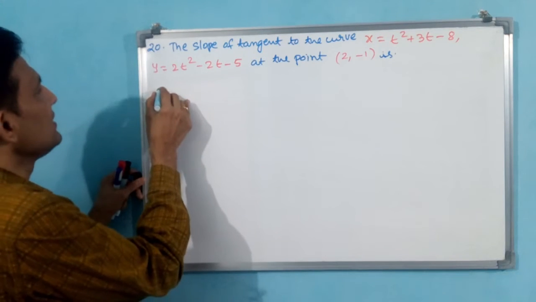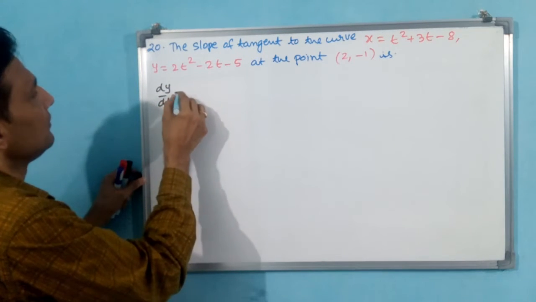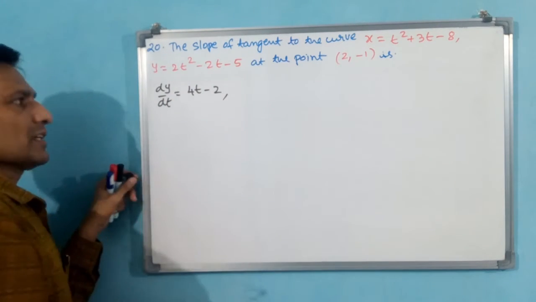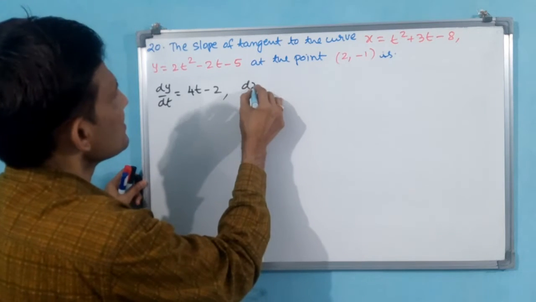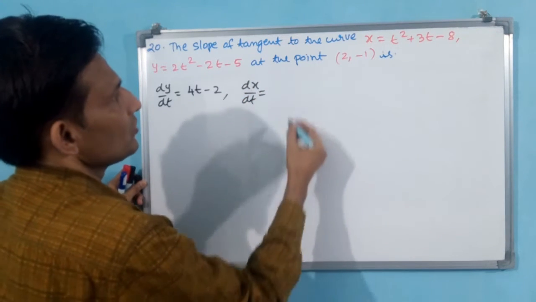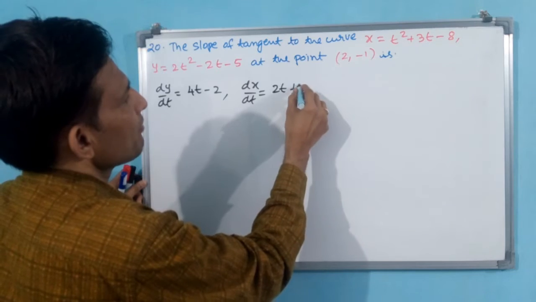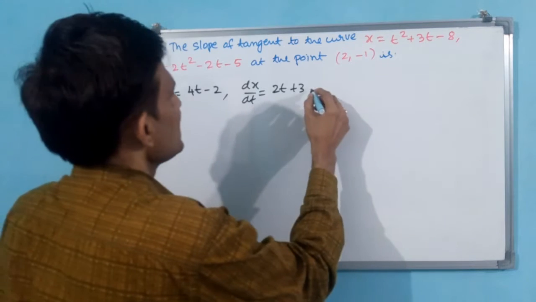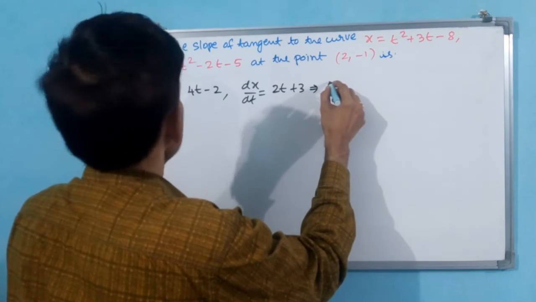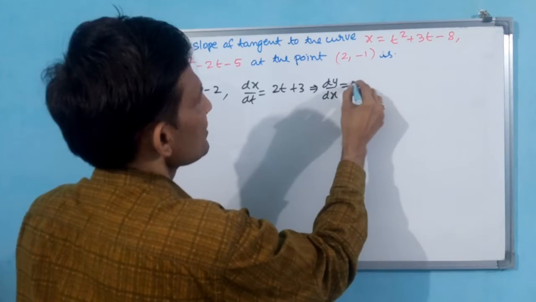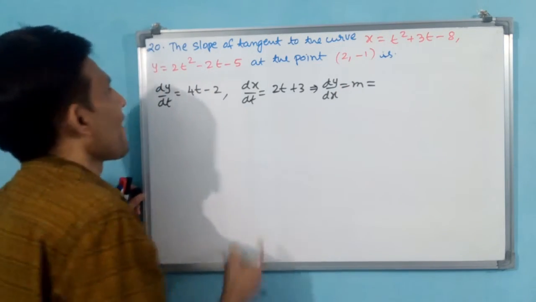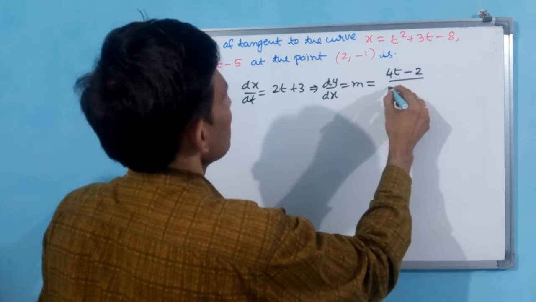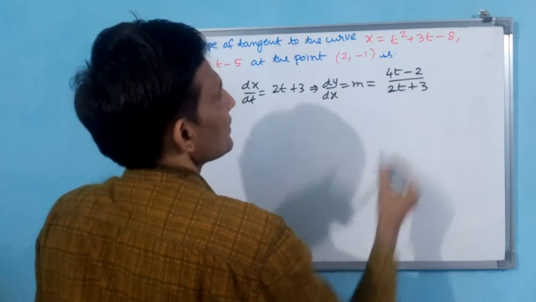dy by dt is equal to 4t minus 2. dx by dt is equal to 2t plus 3. Then proceed for dy by dx, that is equal to m, that is equal to 4t minus 2 by 2t plus 3.